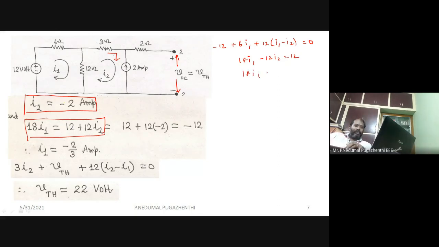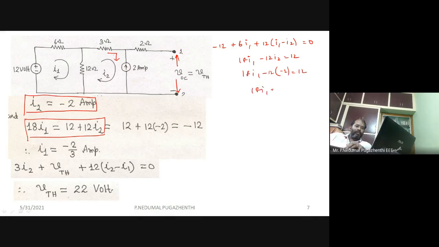From the first loop, I can write: minus 12 plus 6 into I1 plus 12 into I1 minus I2 is equal to 0. So I can write it like 18 I1 minus 12 I2 is equal to 12. Since I2 is minus 2, 18 I1 minus 12 into minus 2, so 24, is equal to 12.